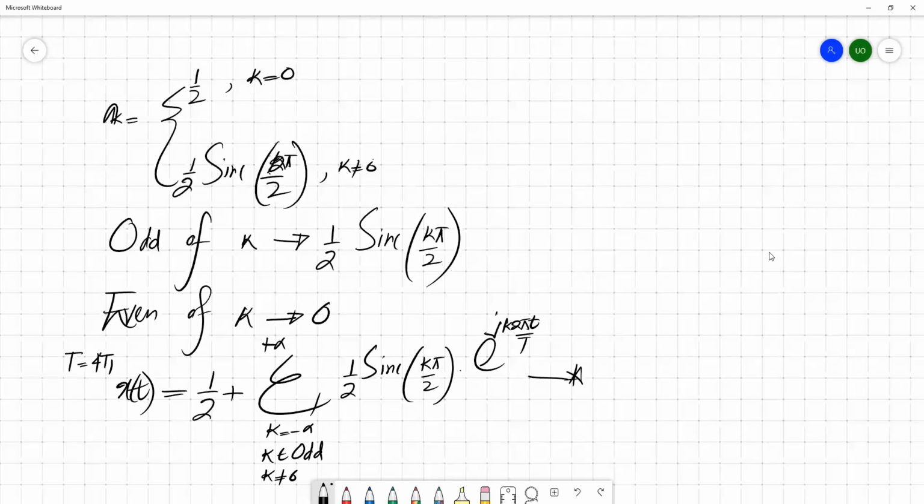So this is the representation. Okay, so how do we plot this for magnitude and phase? These are the values of a_k. So how do you do it?